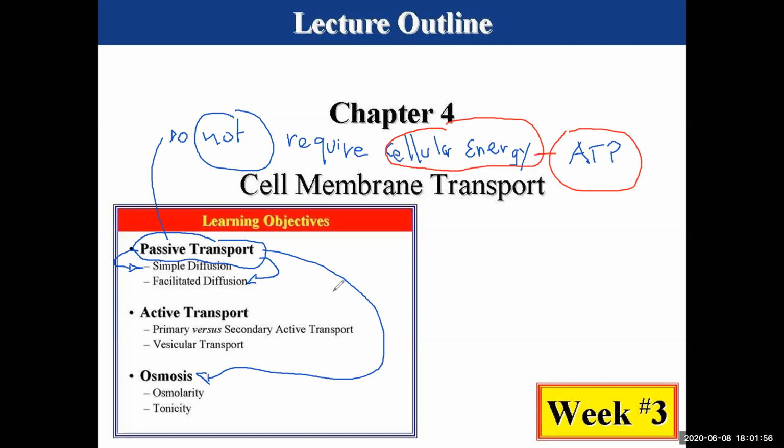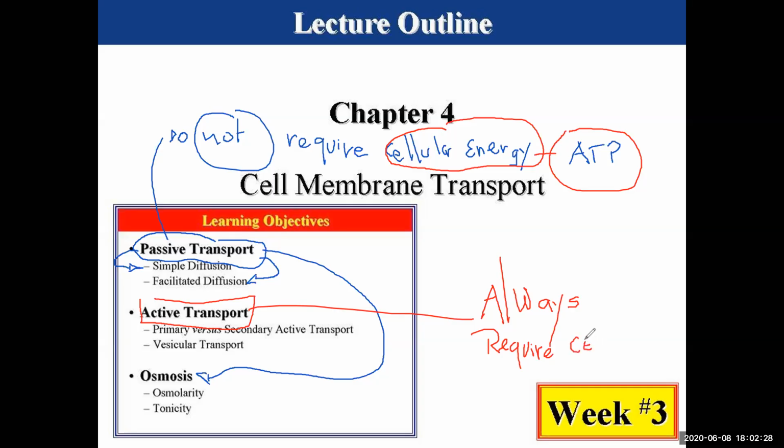And the other one, the active transport mechanism, always requires, you guessed it, cellular energy, CE/ATP, okay?